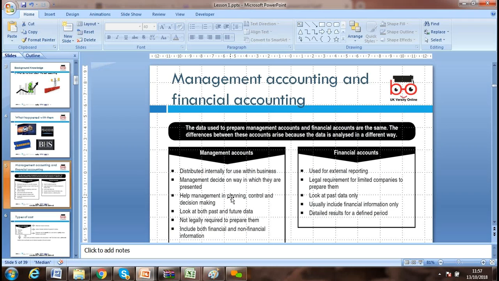But record keeping is quite crucial for review in planning, controlling, and decision making. So there are three words under cost accounting: you calculate the cost for planning purposes, for controlling, and for decision making. That's why we include both financial and non-financial information under costing.